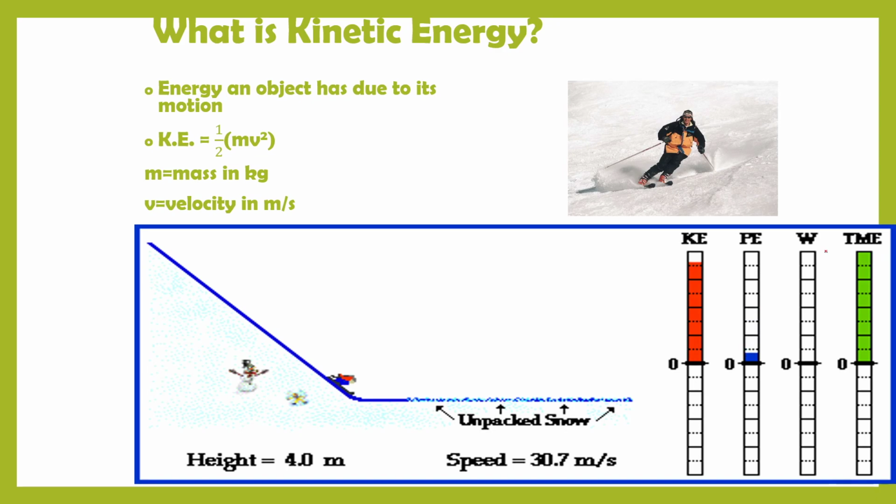What's happening is that energy is converting into work. That's what makes this total energy go down. The energy still has to go somewhere, and it's going into the snow. So in this case, the energy from the skier goes into the snow, leaving behind a snow trail, probably melting some of the snow as some of that energy turns into heat.